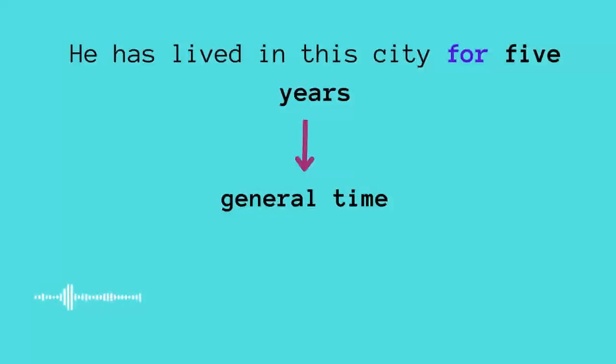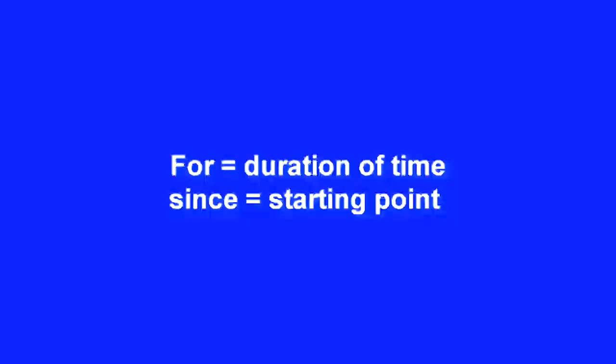So this is basically the difference between since and for. With the use of for, you don't need to mention the starting point. You don't need to mention when he moved to this city. You only need to mention the number of years he has spent living in the city.